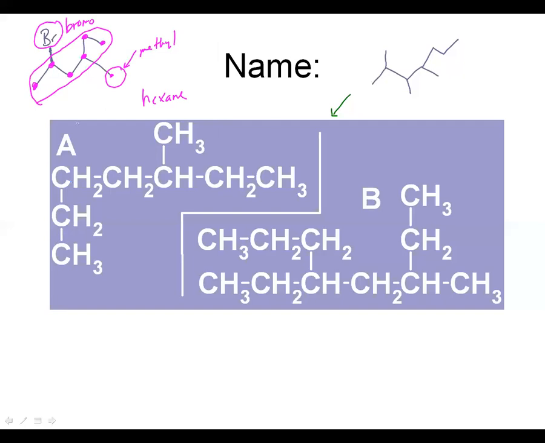If we go 1, 2, 3, 4, 5, and 6, we will have groups at carbons 2 and 4. If we go the other way, we will have 1, 2, 3, that group, 4 and 5 for the bromine. So it looks like it is 3 and 5 if we go the other way. Again, a little bit larger in terms of the numbers, so we want to go with the smaller. So we will go the way I numbered it there.